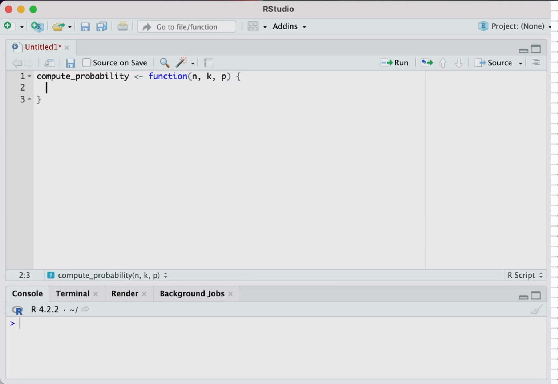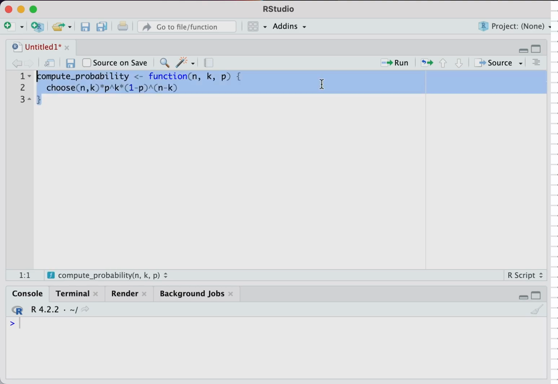The way we type the binomial coefficient is choose(n, k), times the probability to the power of the number of heads, and then 1 minus the probability to the power of n minus k, which is the number of tails.